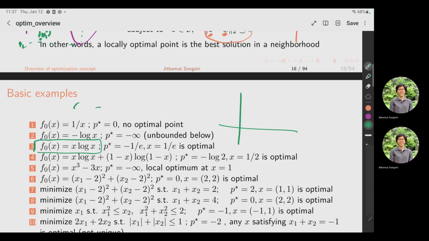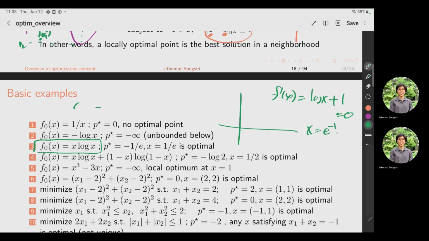Now maybe you don't know how to plot the graph because you haven't seen it before. Maybe we can use the technique from calculus. We find the gradient first, and that is log x plus 1. What do we do with the derivative? Set it to 0, from calculus. So x is e to the minus 1, that is 1 over e, but not done yet.